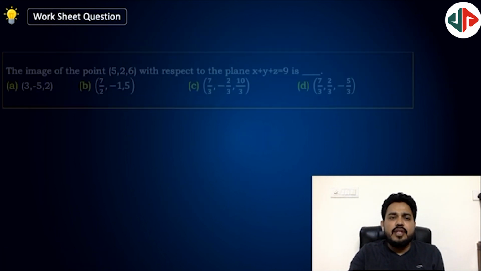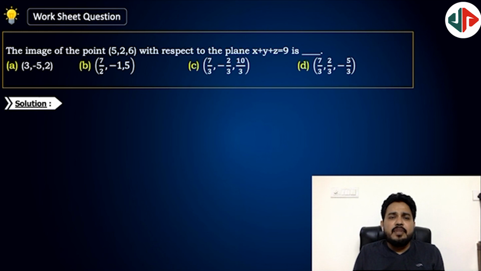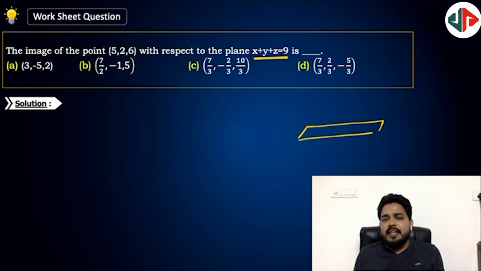And the next question is the image of the point with respect to the plane. So if this is a plane, I need to find the image of (5, 2, 6). So what is the image? Let it be (h, k, l).